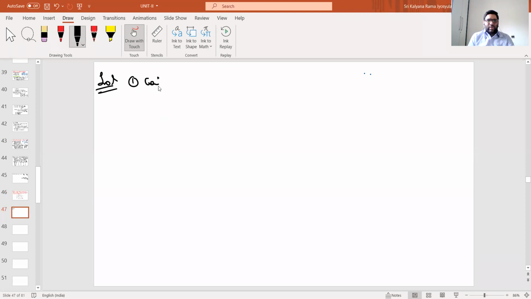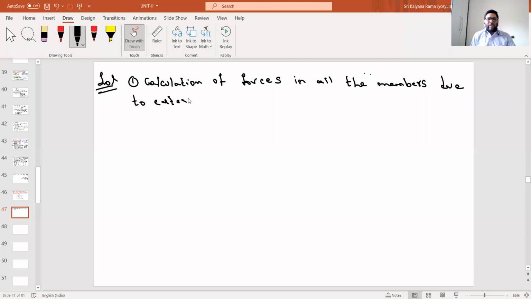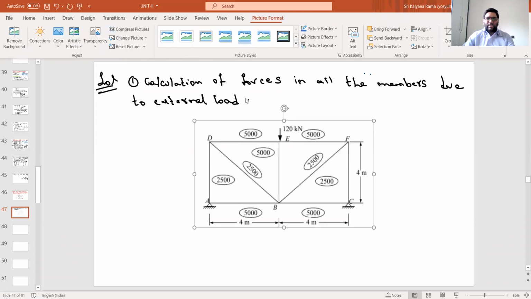First case, calculation of forces in all the members due to external load. Due to external load. So now see here.